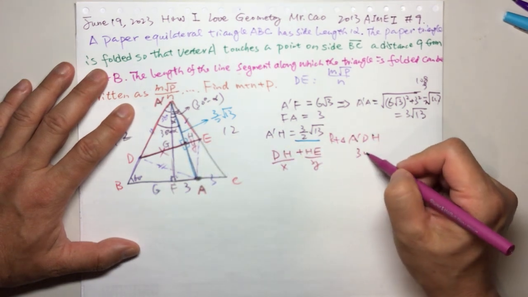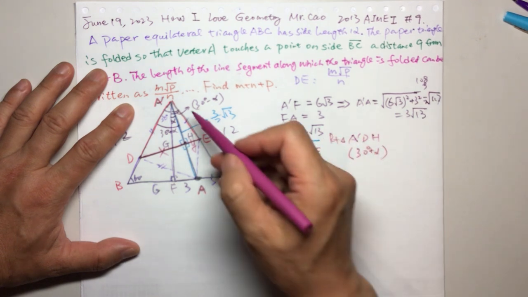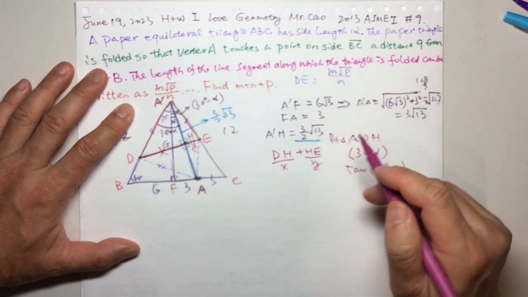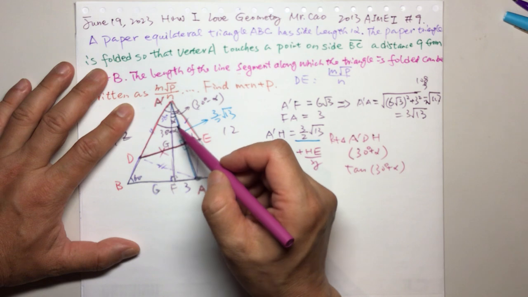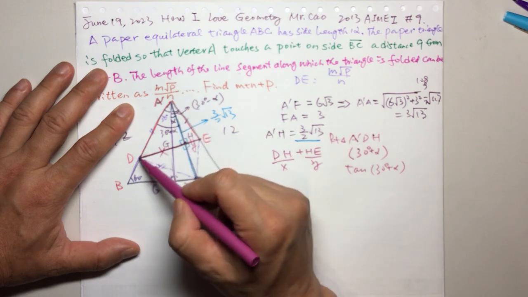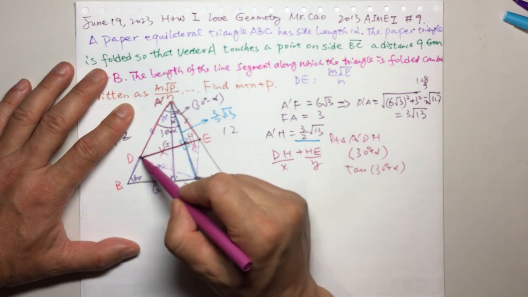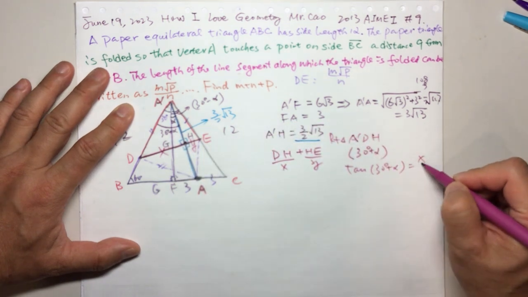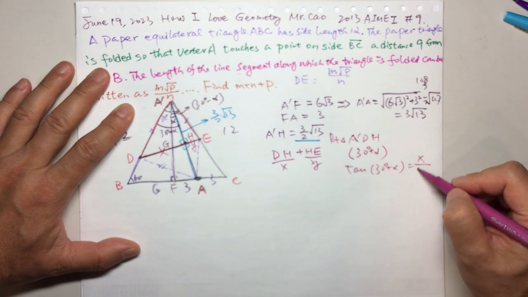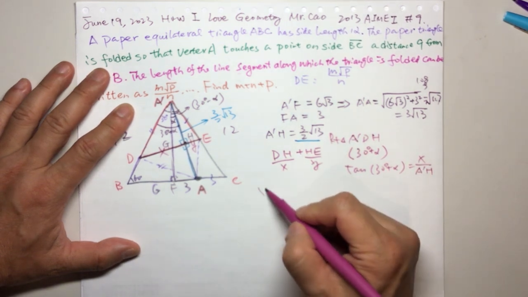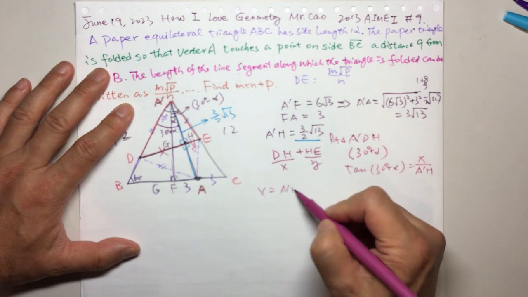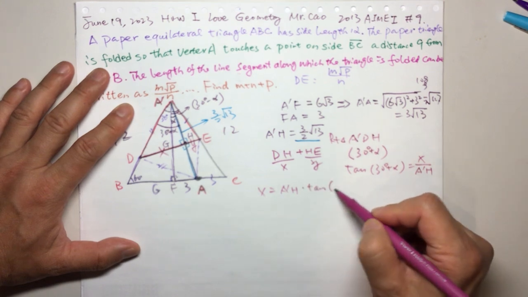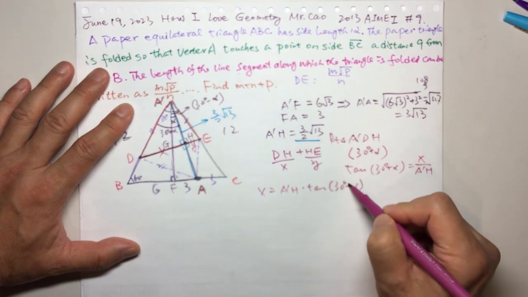The angle 30 degrees plus alpha, we can use tangent of 30 degrees plus alpha, because we know A prime H. If we want to get X, I mean DH, we know tangent of that angle equals X over A prime H. So X equals A prime H times tangent, and A prime H we know. If we get tangent of 30 plus alpha, then we will find X.